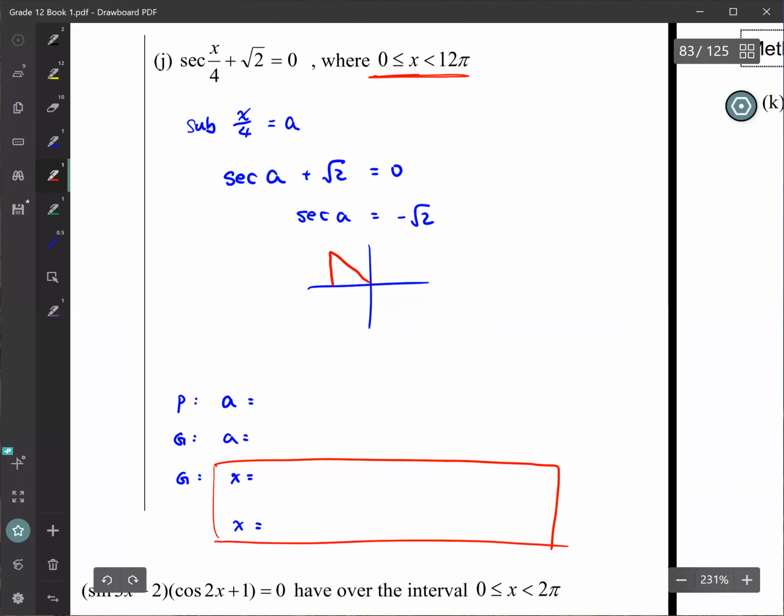Okay, same as cosine, right? And secant is hypotenuse over adjacent, right? So hypotenuse will go to here, adjacent. So that one is a special, okay? This is a special one.